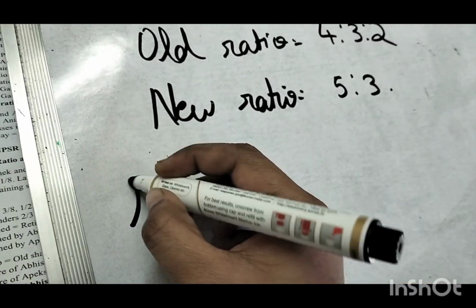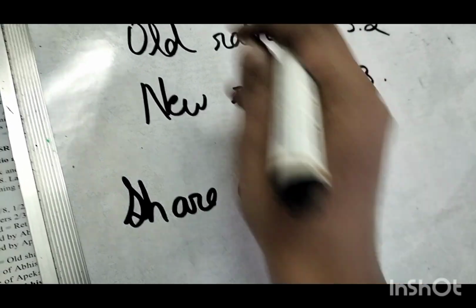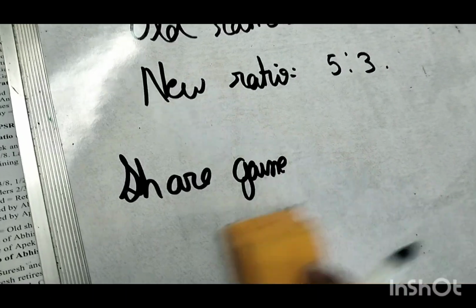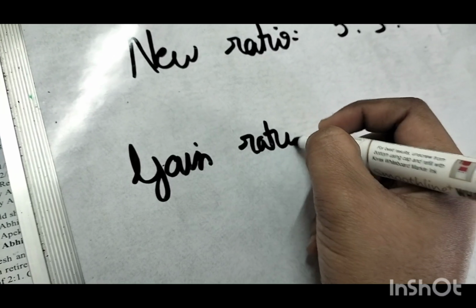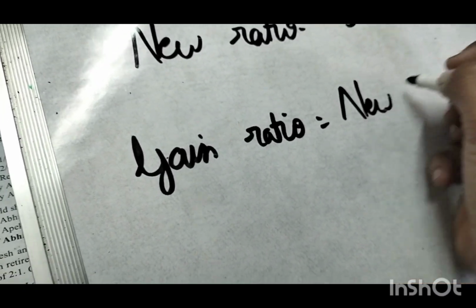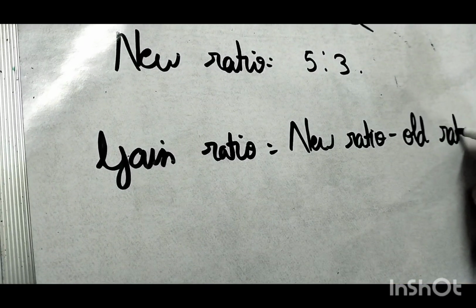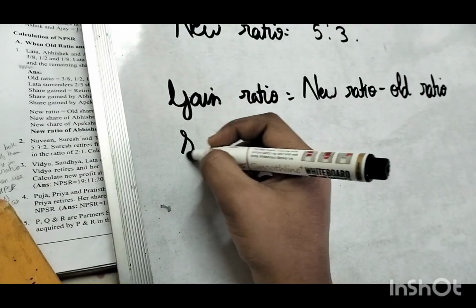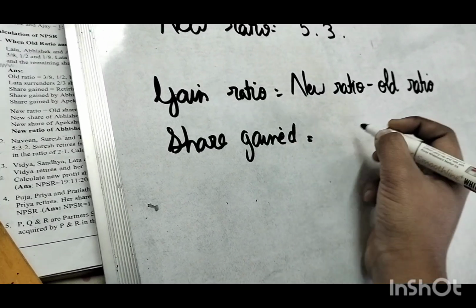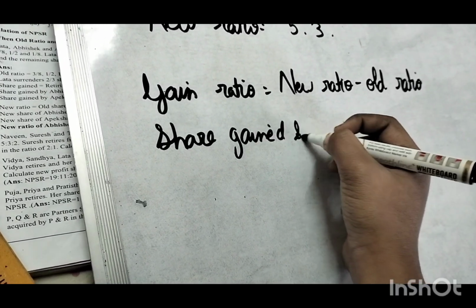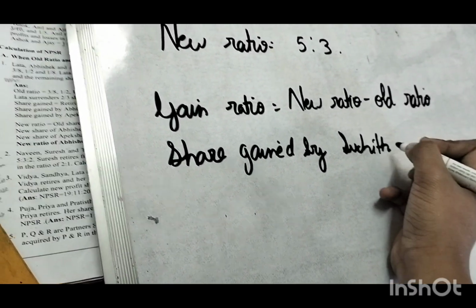Okay, so next you write share gained. Before this you need to write the formula of gain ratio. Gain ratio is equal to new ratio minus the old ratio. So share gained by Suchita.